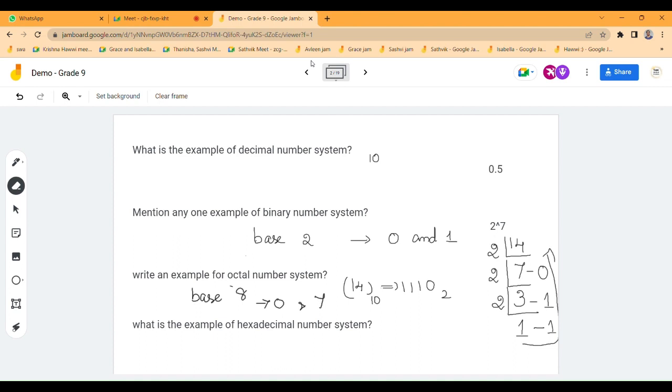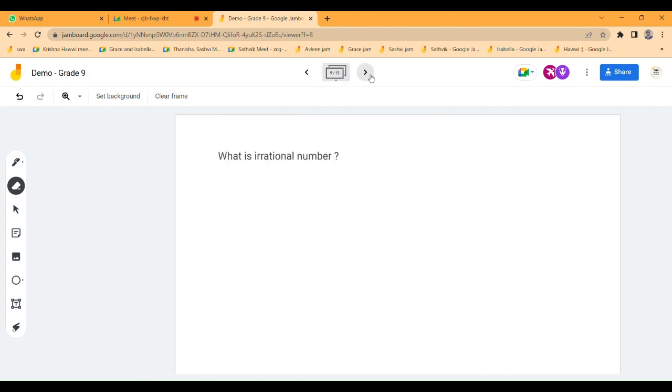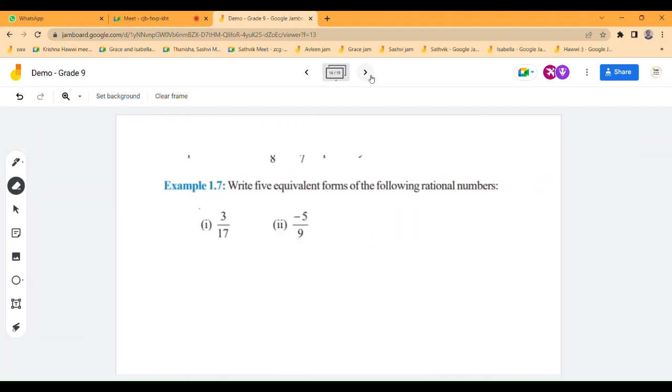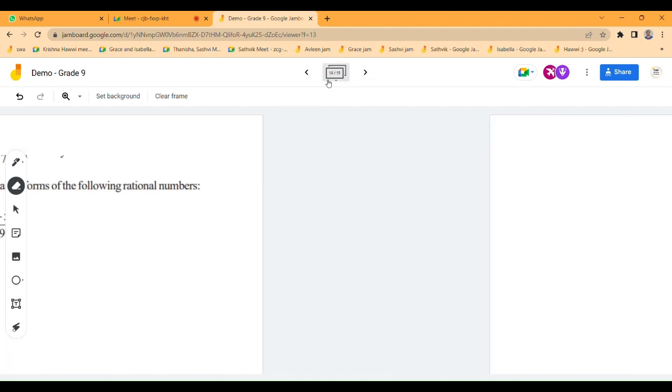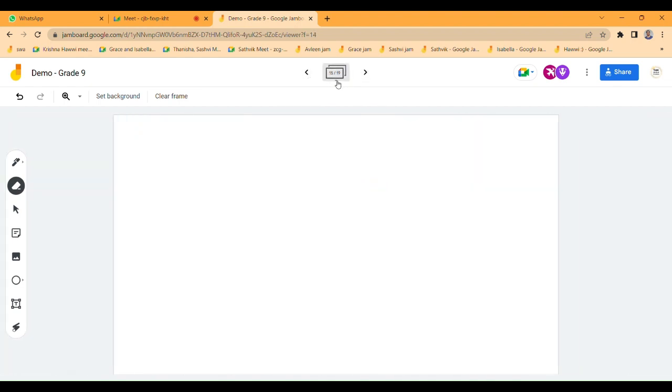Go to the last slide. Last slide means 15 or 16. Slide 15. 215 is an octal number. We are converting this octal number to decimal actually.